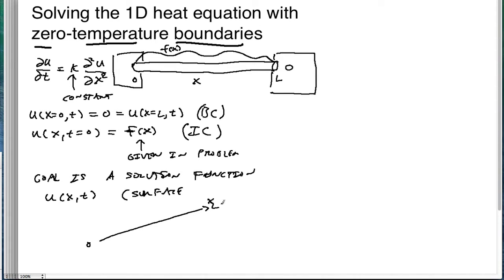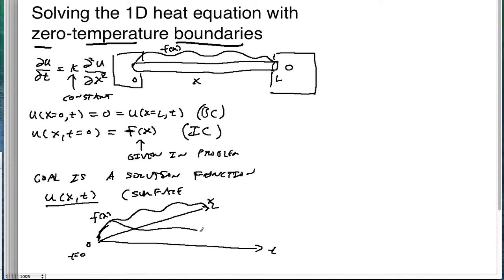We can think of time as going forward like that. This is our f of x right there, at time equals 0. And we want to know what happens. So the surface u of x comma t is going to be some surface that kind of goes like this. Whatever happens to it, we don't know yet. We'll find out, but the idea is that it will create some sort of surface.